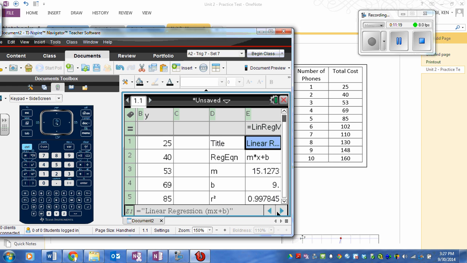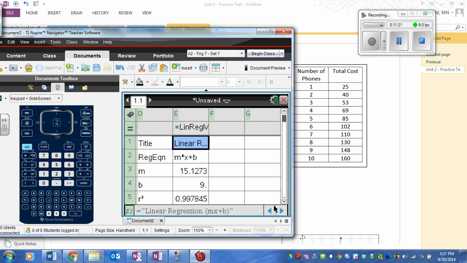Alright, so there's our linear regression equation. That's not what I got before. Okay, whatever. So hopefully, I think that's right.